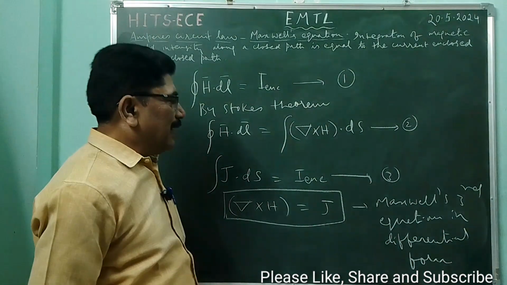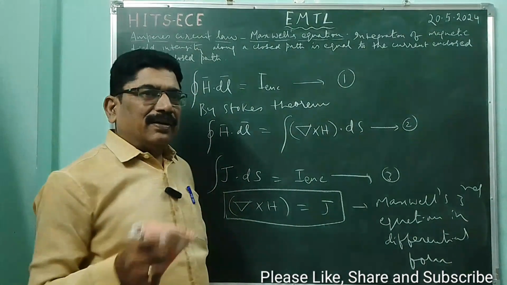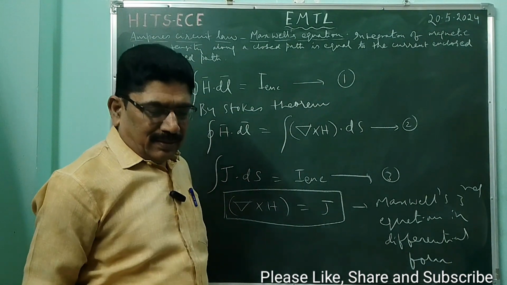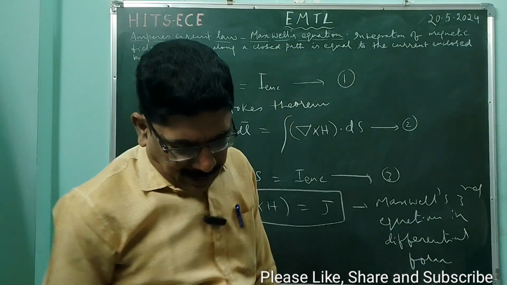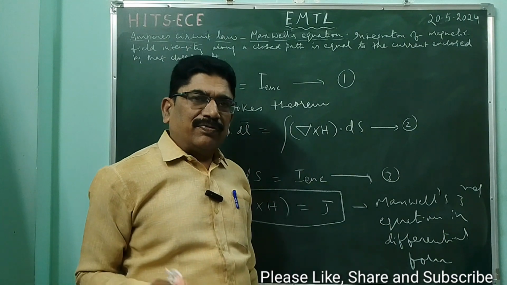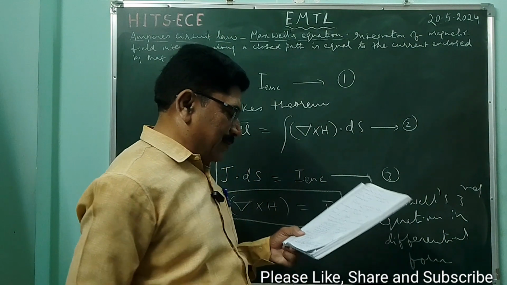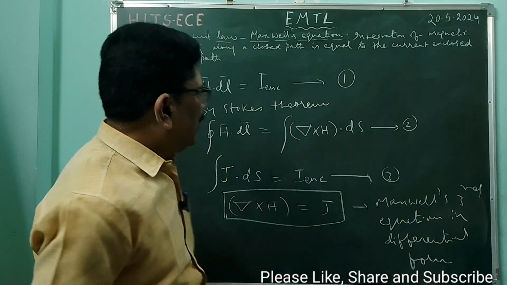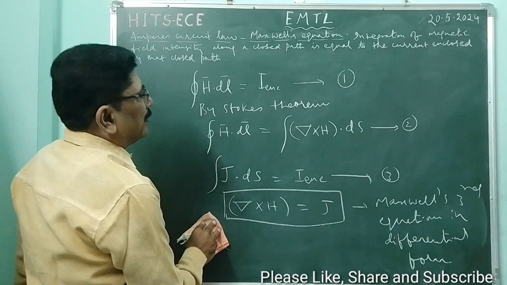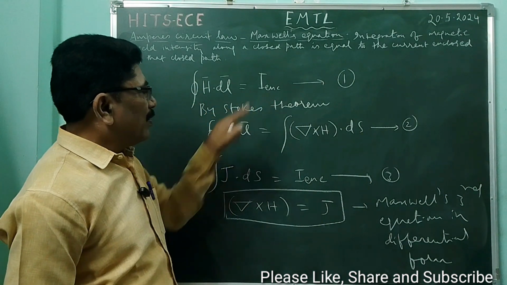Now we will see the applications of this Ampere's circuital law for infinite line current, infinite long sheet of current, and infinitely long coaxial transmission line. We will see these 3 applications. So we should understand this formula, that is H dot dl is equal to current enclosed.